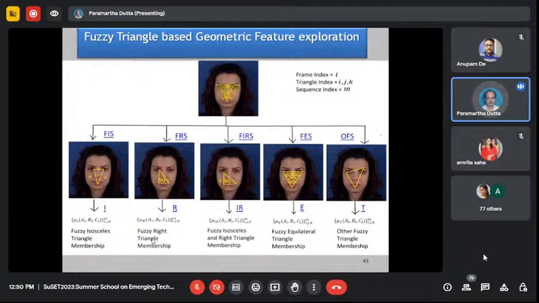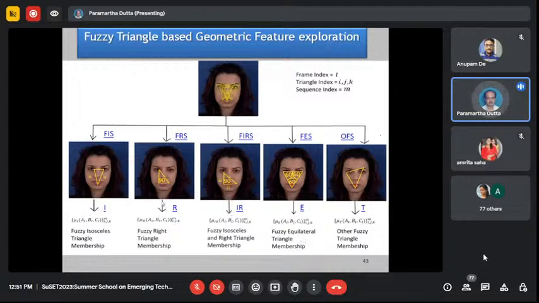Corresponding to right triangle, you have a fuzzy right triangle counterpart. Isosceles right angle, corresponding to that, you have fuzzy isosceles right triangle. Corresponding to equilateral, there is fuzzy equilateral.